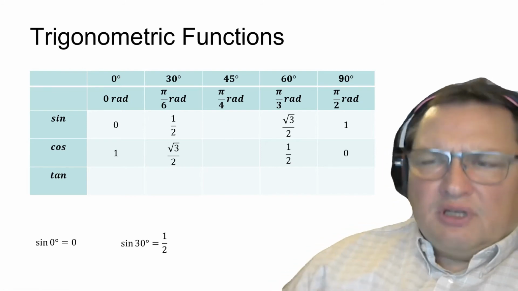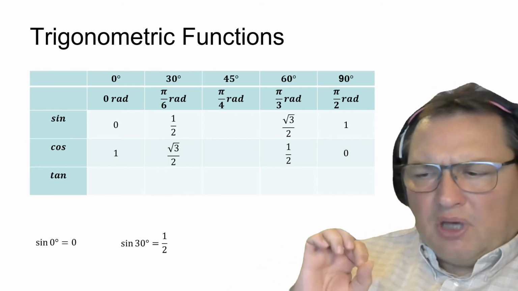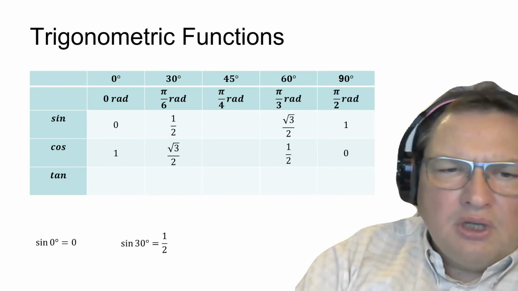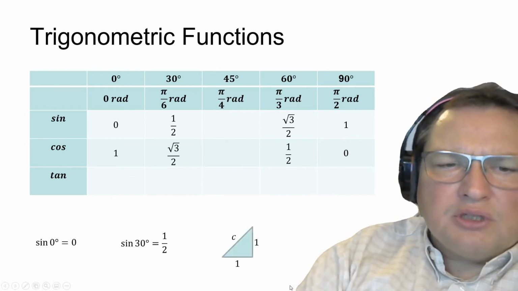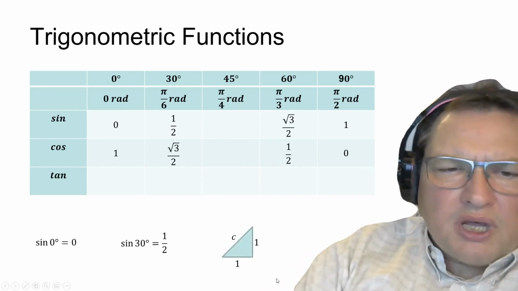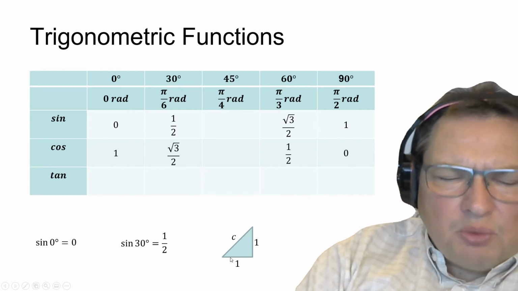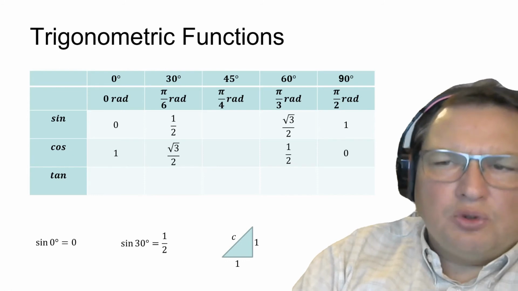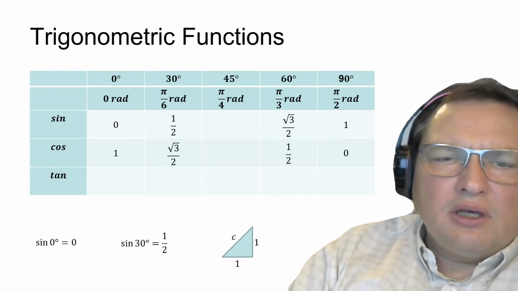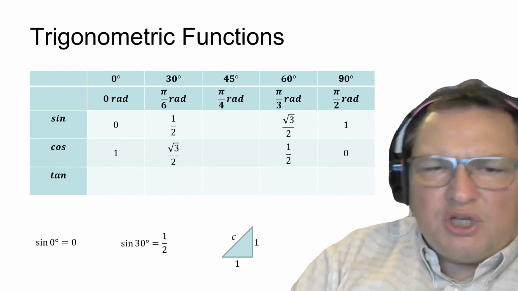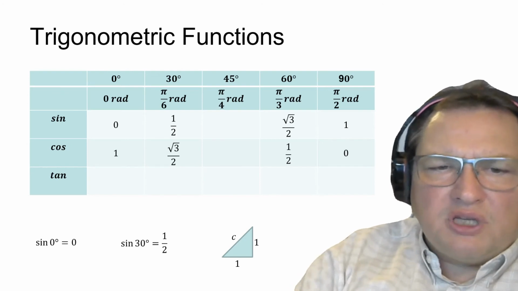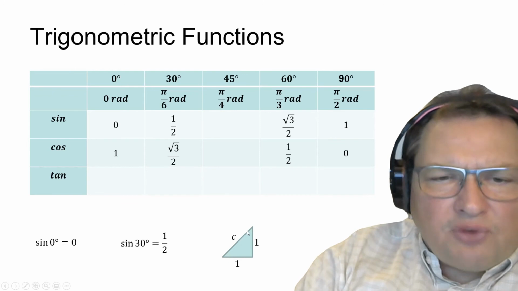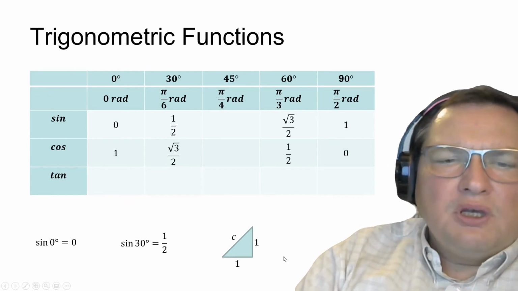But 45 degrees is a very specific angle because it's exactly half of the right angle. So if you imagine a triangle which has two edges, both adjacent and opposite, equal to 1, it doesn't matter which is adjacent and which is opposite, because if this angle has 45 degrees here, it also will have 45 degrees here.